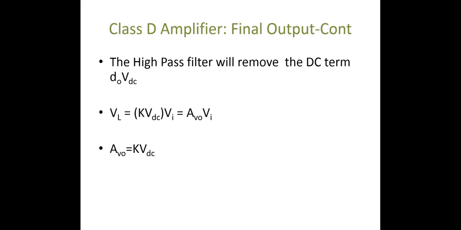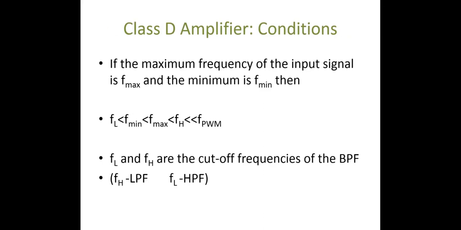However, there are certain conditions that must be fulfilled. So the first condition is that the PWM frequency should be much higher than the highest frequency in the input signal.